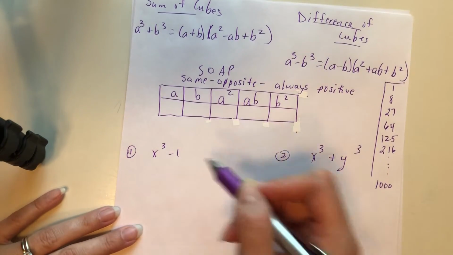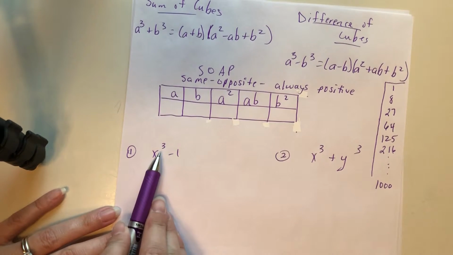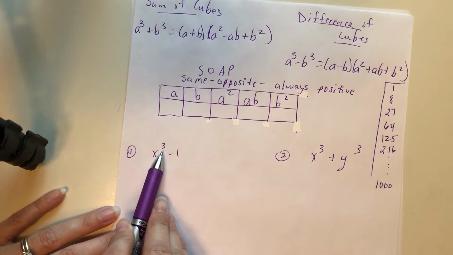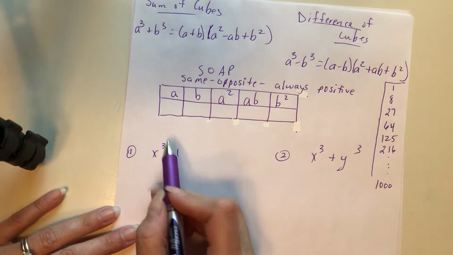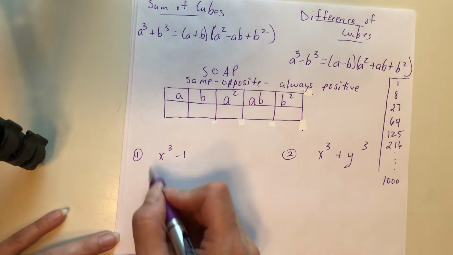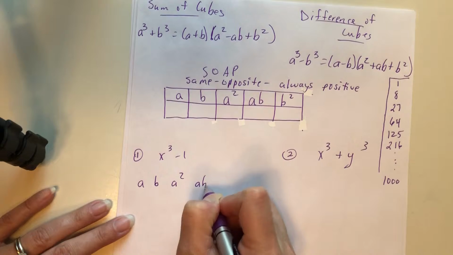So in our first example, we're going to factor x cubed minus 1. First thing I notice is I've got this 3 as an exponent, so that's a perfect cube. 1 is also a perfect cube. So I'm going to fill in this table here: a, b, a squared, ab, b squared.